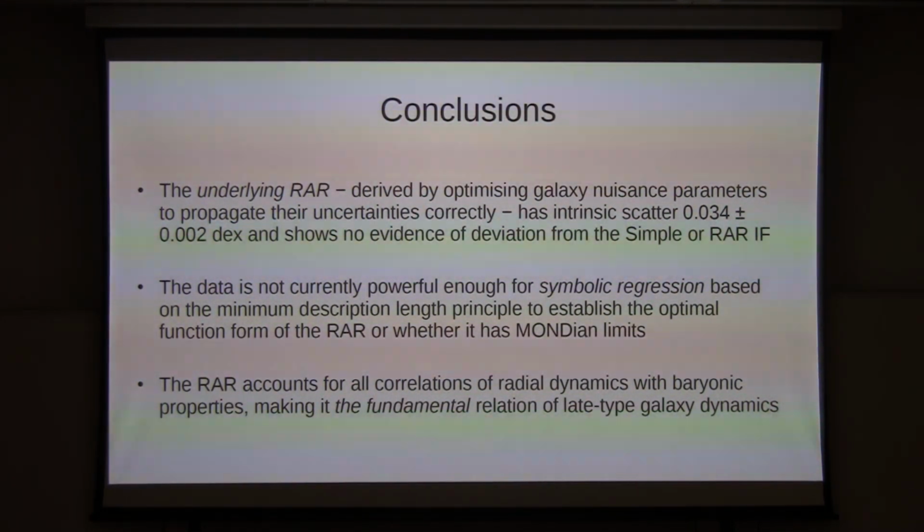Now, it's important to realize this because it means that the quality and the result of the RAR will depend much on your sampling, whether you have many low surface brightness galaxies in it. You could get the RAR just from high acceleration galaxies.